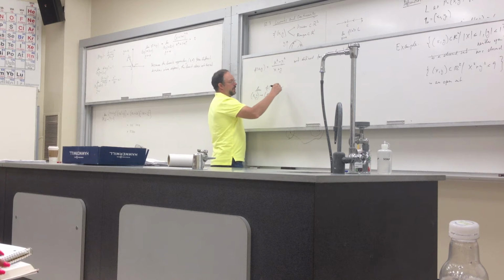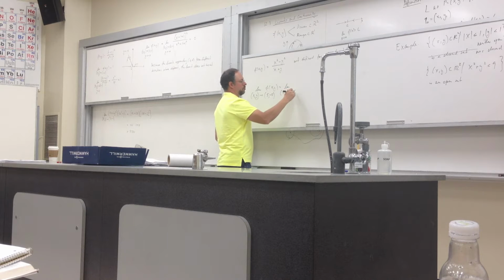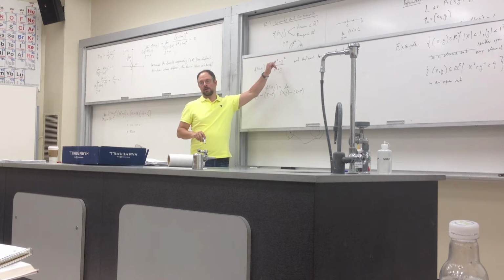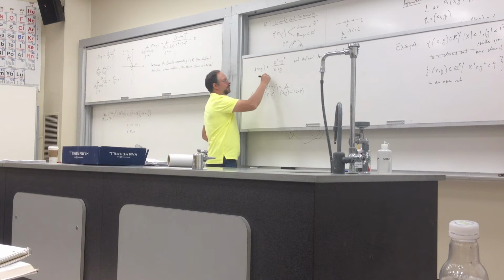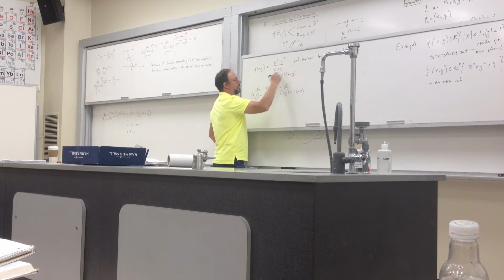So what I can do is look at the limit as x, y converges to 5, negative 5. If I simplify that function, I have here x squared minus y squared, that's the difference of two squares. So that simplifies to x plus y times x minus y divided by x plus y.